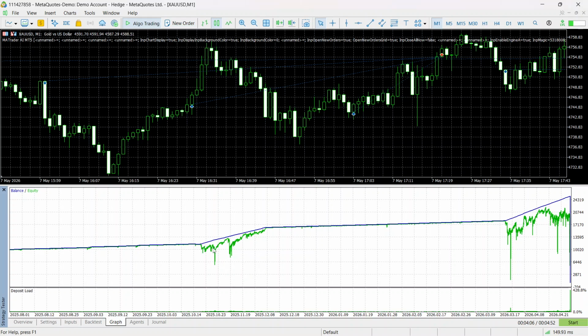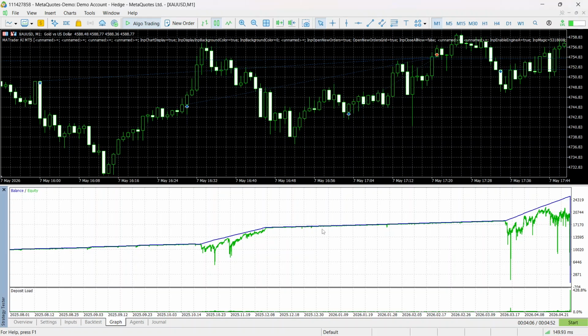So the equity dropped thousands of dollars, at one point approaching a full wipe before partial recovery here, and again over here where it dropped to almost the entire account, and then rose again and fell, and our balance joined it falling also, with our deposit load reaching 428% at the end.